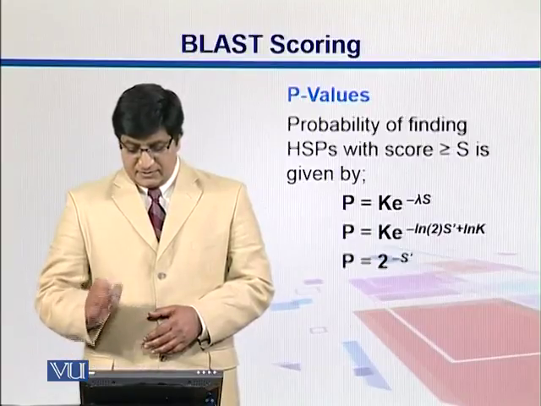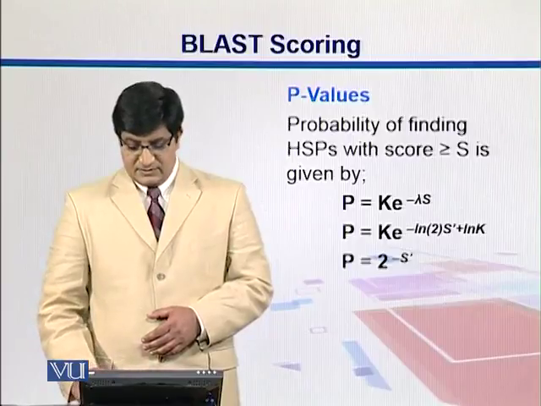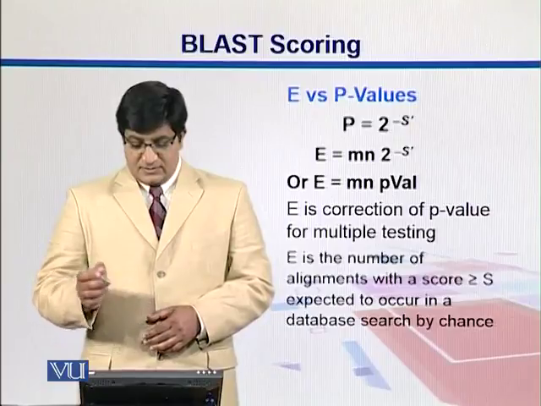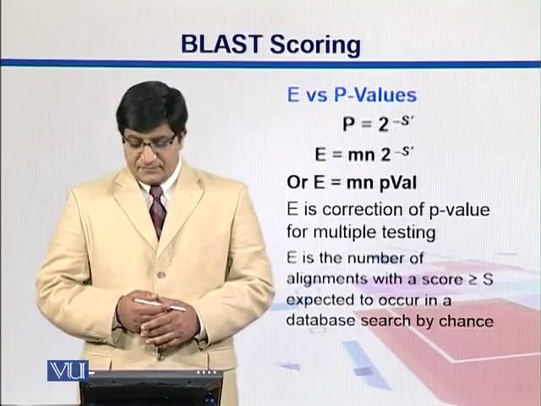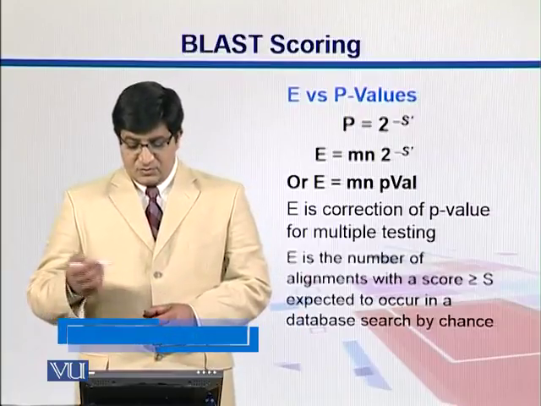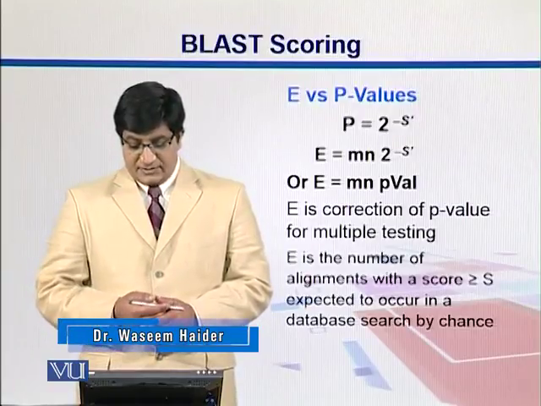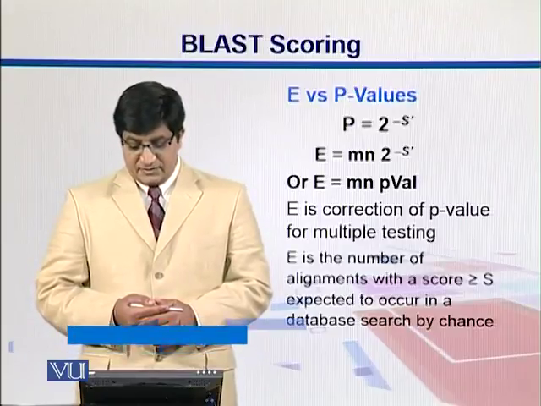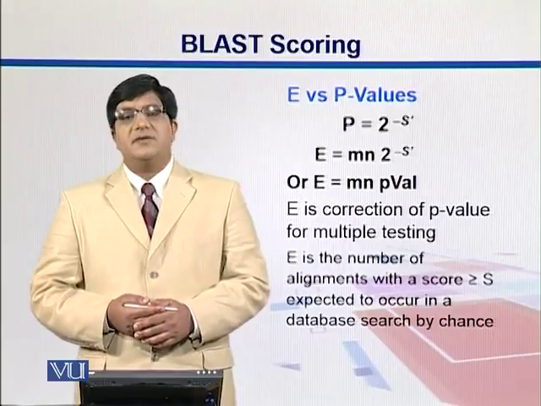When we plug this in, we can see how P and E are related. P is equal to 2 raised to the power minus S dash, and E is equal to mn times 2 raised to the power minus S dash. So it is the bit score that we correlate with the E-values. E and P are related as in the last part: E is equal to mn times the P-value.